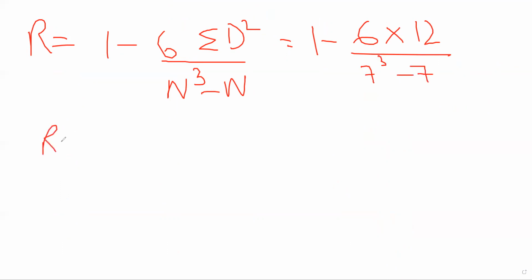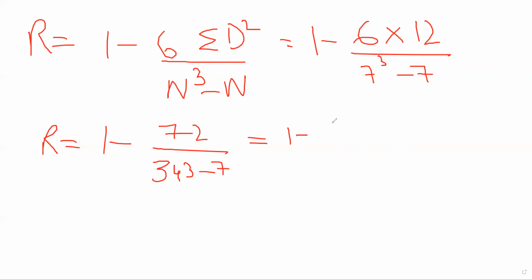Okay, so r is equal to... let me continue with this itself. 7 cube आप कर लो. 1 minus 6 into 12 is 72 divided by 7 cube, which is 343. 7 into 7 is 49, 49 into 7 is 343, minus 7. ठीक है, be careful of the values. 1 minus 72 divided by 336.